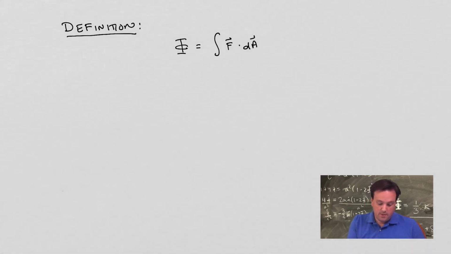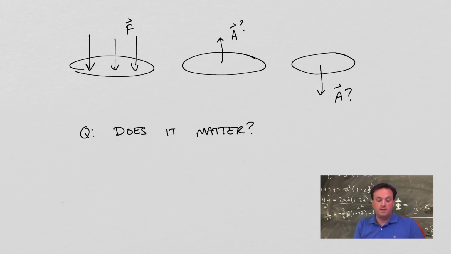So let's think about what we can do then with this mathematical structure. Well, if I have a vector field F and a surface A, and I want to actually start to calculate this dot product, which direction should I choose A to be in, right? After all, the force, or the field, is something that's physical. In this case, it's pointing downward. Does my area vector point up, or does it point down for this circular surface that I'm drawing?